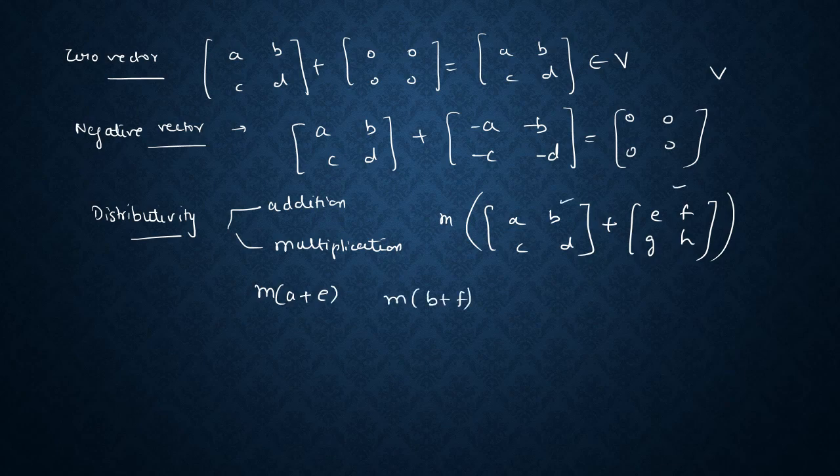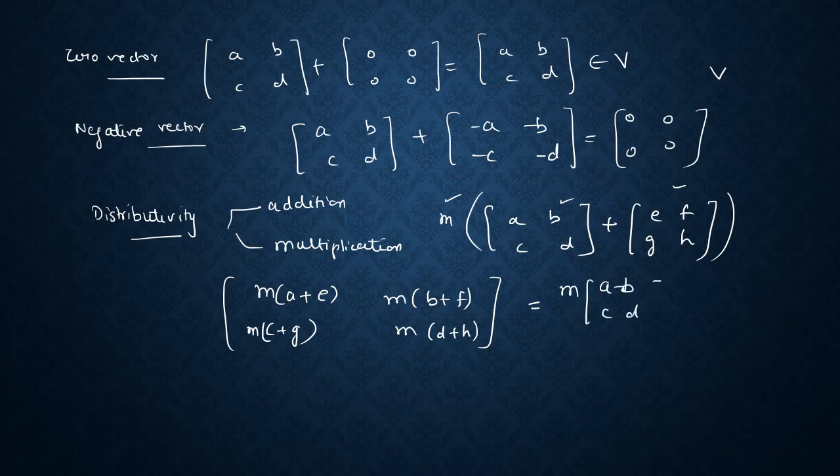You add this up and multiply with the scalar: c plus g with m, and then d plus h. And then if you want, you can simply write it as m times a b c d plus m times e f g h. So you are seeing that it gets distributed between both of the matrices of 2 by 2 order.